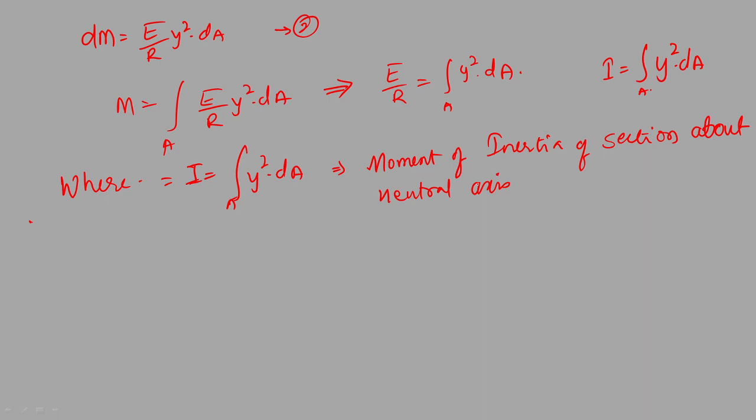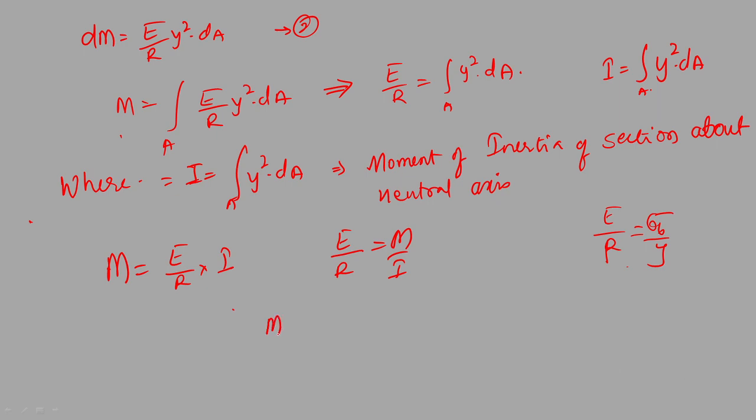Now what is the equation you are going to get here for bending moment? Bending moment M equal to E by R into I. Now this can be written as E by R equal to M by I. Already you have one relation here, that is E by R equal to sigma b by y. Now if we substitute, what we will get?